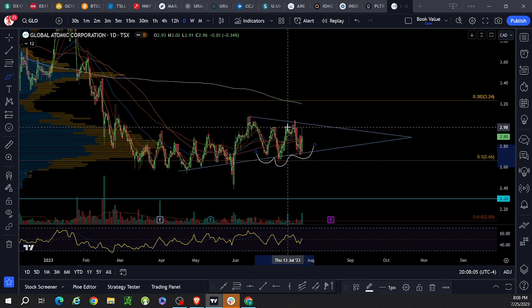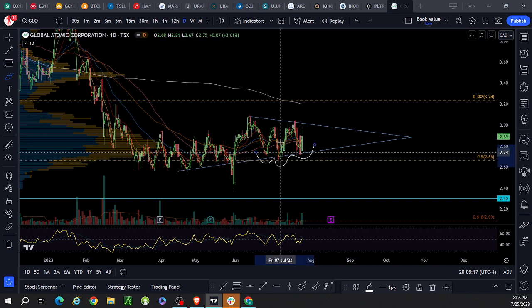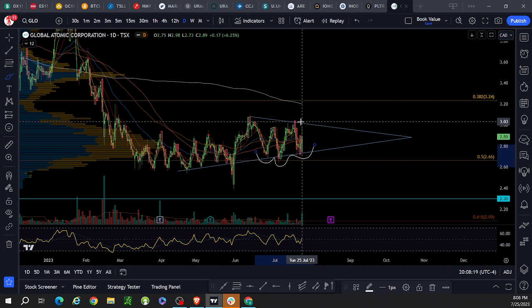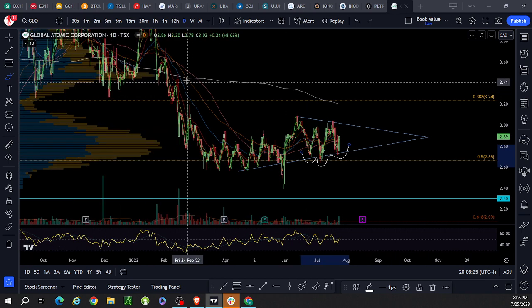Somewhere right around here as being the neckline around $3. Okay, so what's the measured move? Well, to get the measured move off of this, we're about 2.60 to $3. That gives you 40 cents, so you get about to 3.40, and it's going to take you up to this level here on the chart.